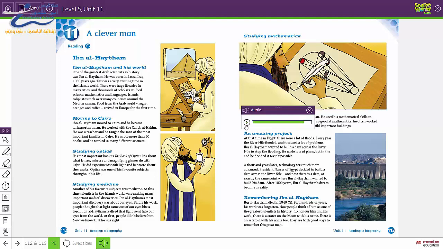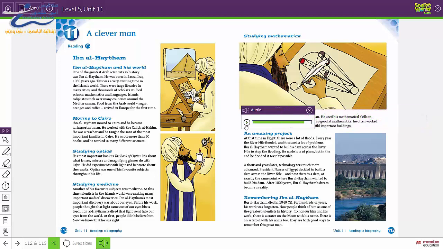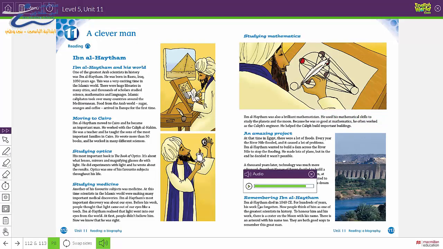Question 3. What did President Nasser of Egypt decide to do? Great. He decided to build a dam across the River Nile at exactly the same point where Ibn al-Haytham wanted to build his dam. Finally, let's move to the part of remembering Ibn al-Haytham.